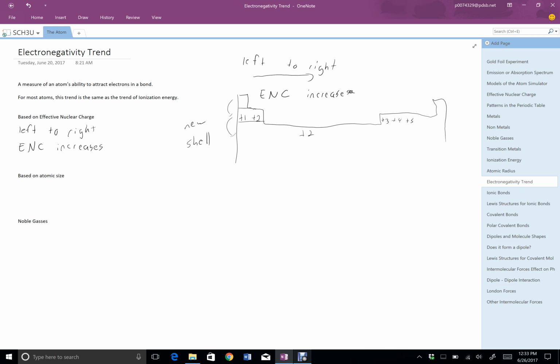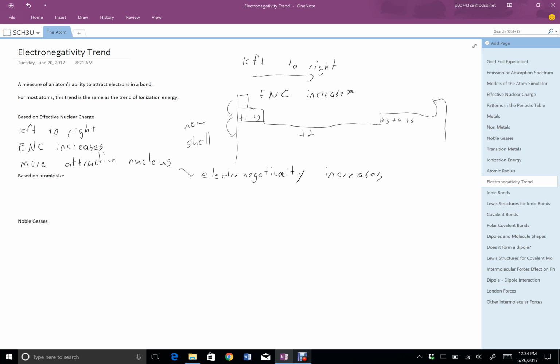As it increases, that means that there's more attraction from the electrons to the nucleus. And so that means the electronegativity, or how much they pull on those electrons, increases.